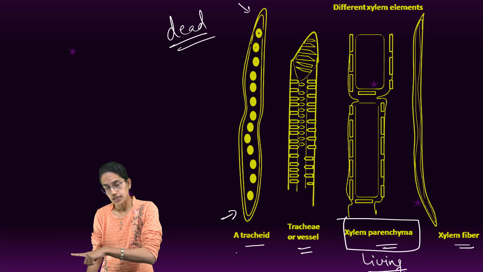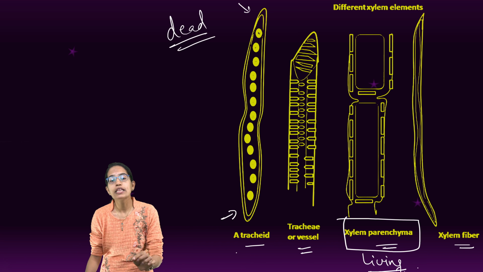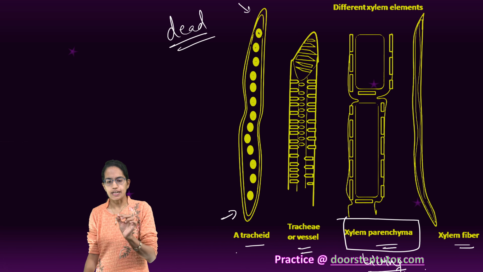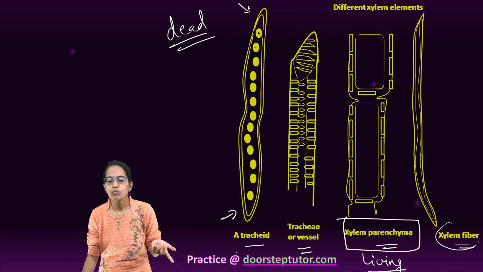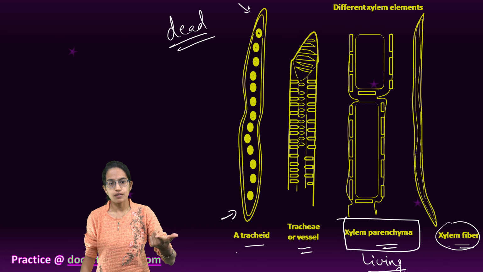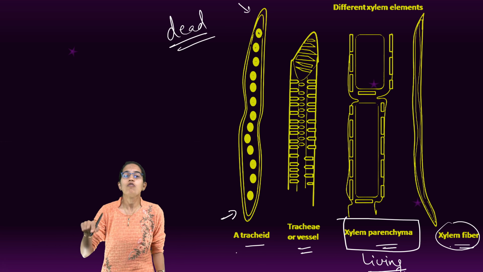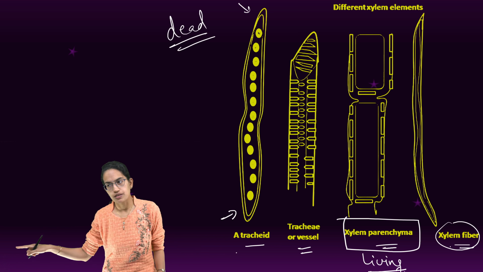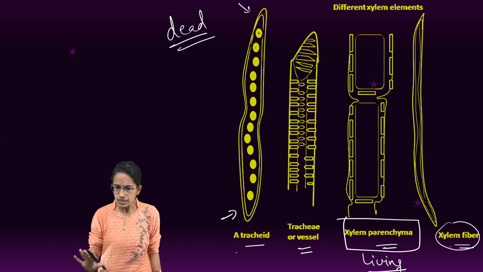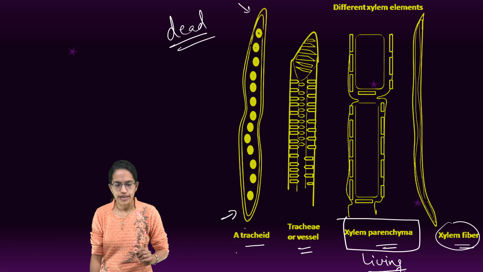Phloem, on the other hand, is a living conductive tissue with only phloem fiber, which is dead. So a good way to remember is both xylem fiber and phloem fiber are dead. But phloem is a living conductive tissue and therefore phloem fiber is an exception which is dead. Easiest way to remember. So coming on to all the four elements of xylem.